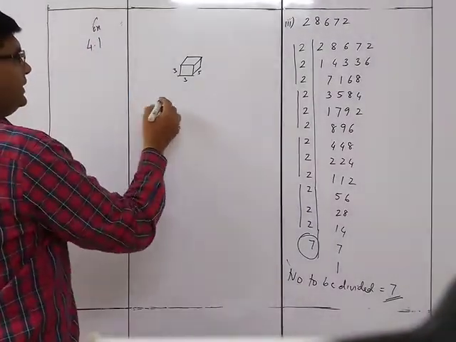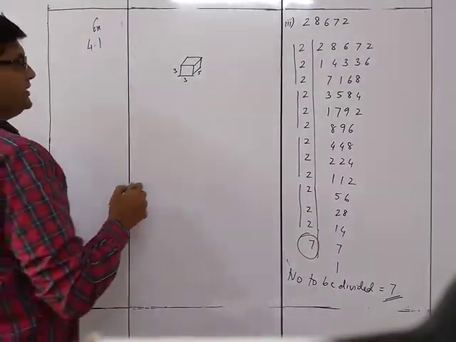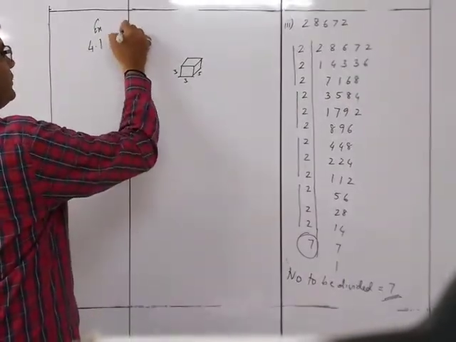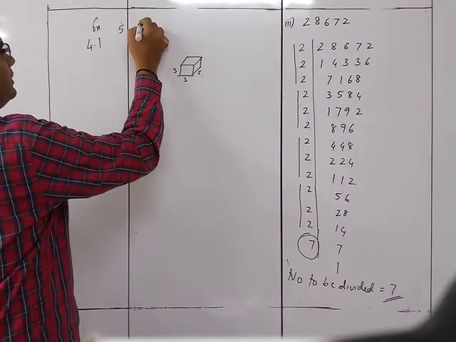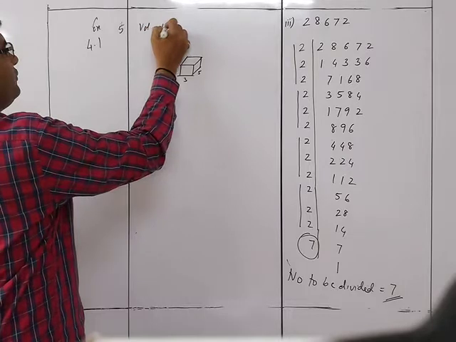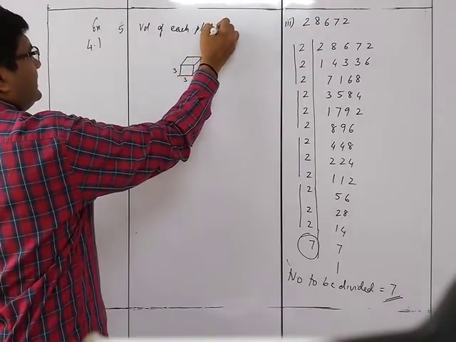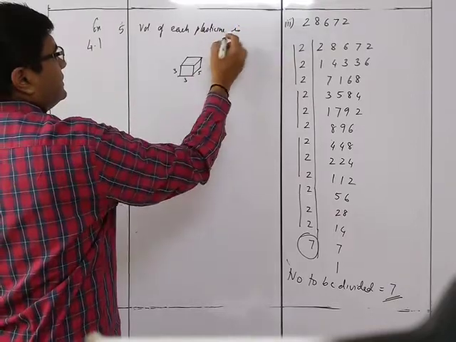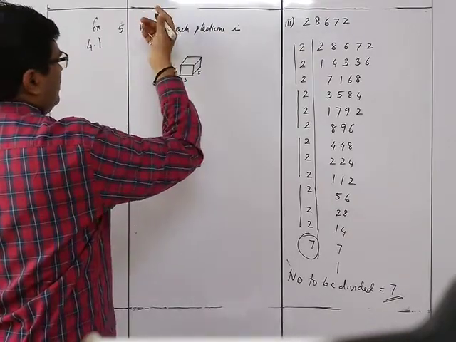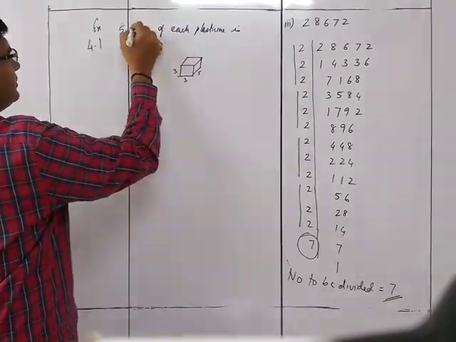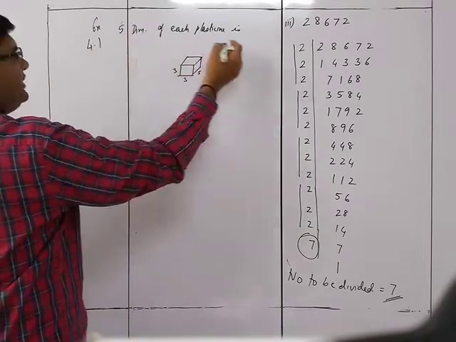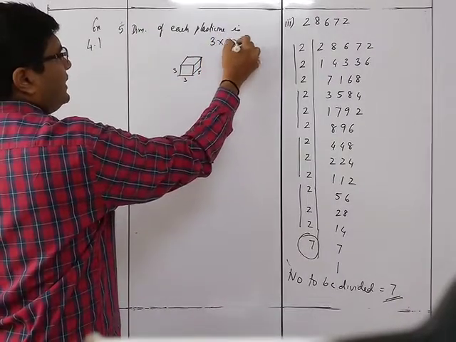So that's why you'll have to say it this way, that fifth question, dimensions of each plasticine cuboid are 3 into 3 into 5.